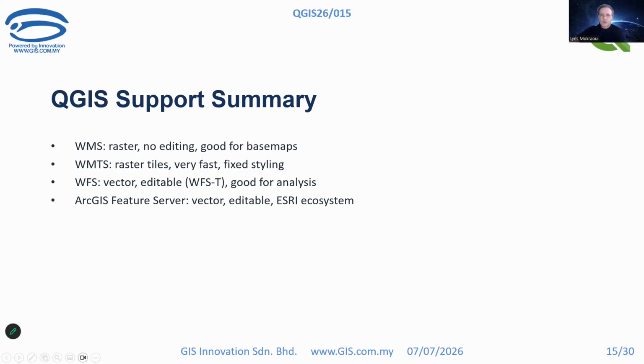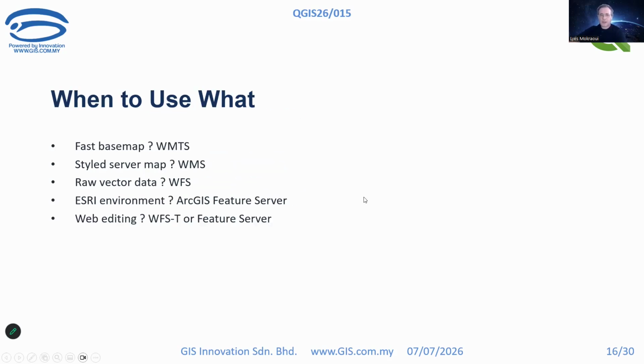Overall, QGIS supports WMS, WMTS, WFS, and also ArcGIS Feature Server. We are going to take a look at how you can get your web services into QGIS. So when to use what?